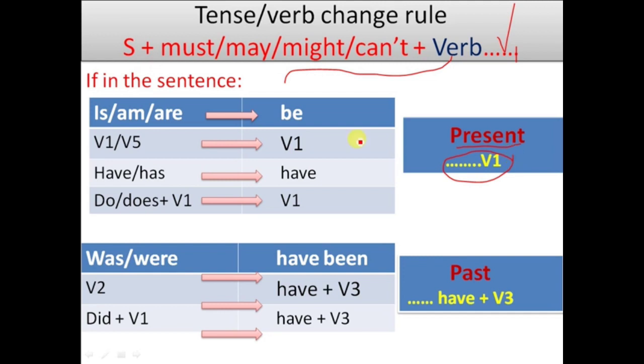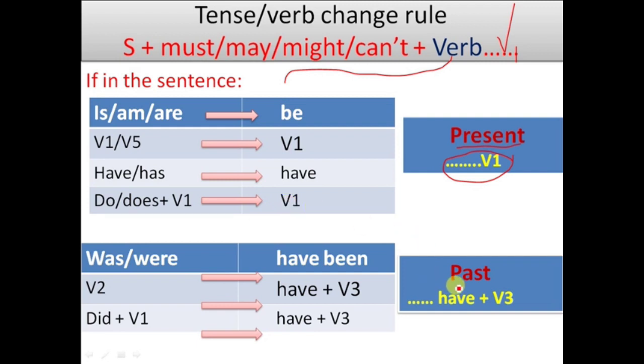And here all is, am, are, V1, V5, has, have, do, does, they are present form. Therefore we change them to their appropriate V1 form. Is, am, are into be, V1 into V1, V5 is also present, therefore into V1, has, have, V1 means have, do, does plus V1, we use the same V1 here.